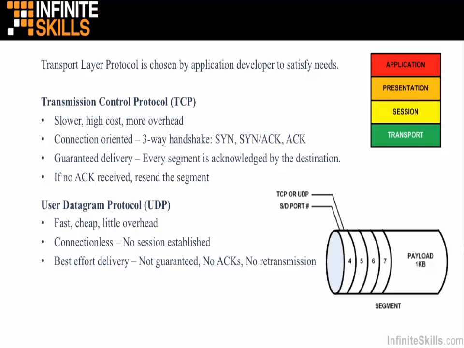Now, these two protocols are competing protocols. A segment will only use either TCP or UDP. And really, it's a matter of how certain is it that we have to get this information to the destination.